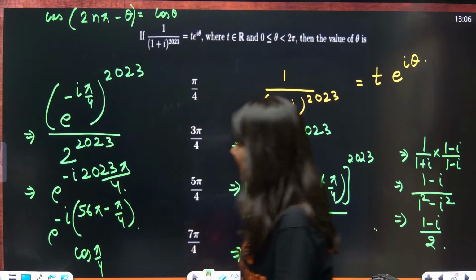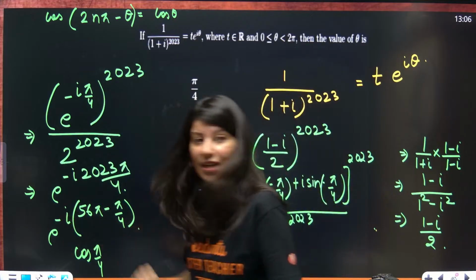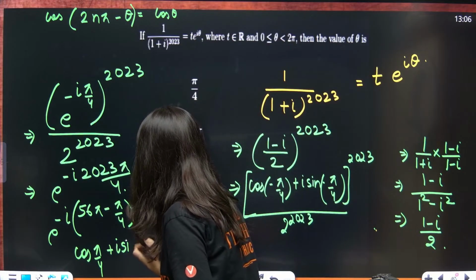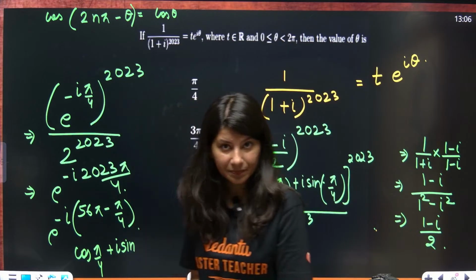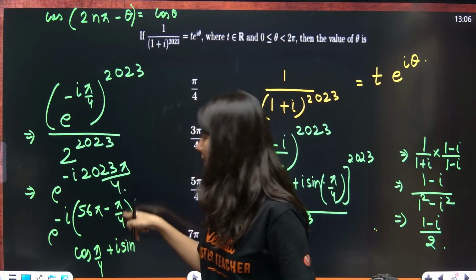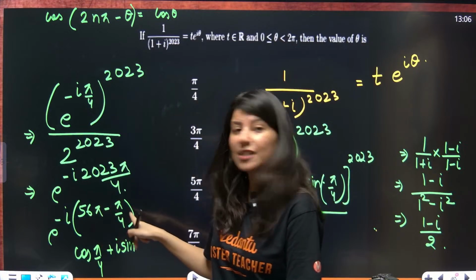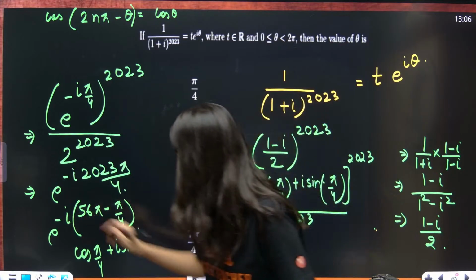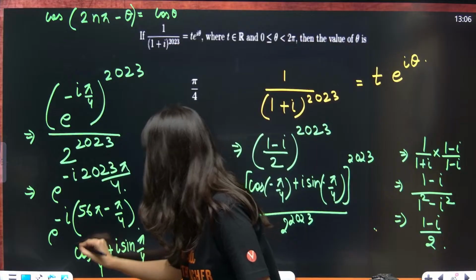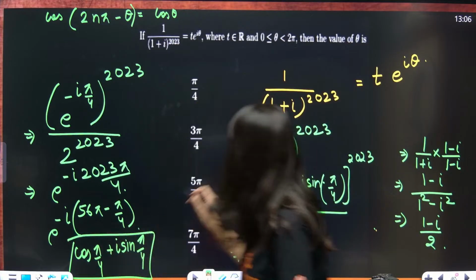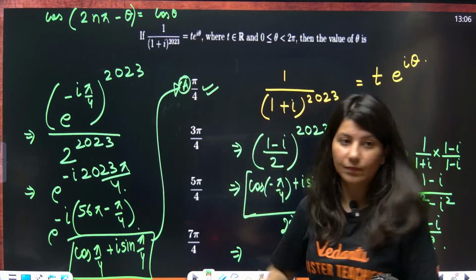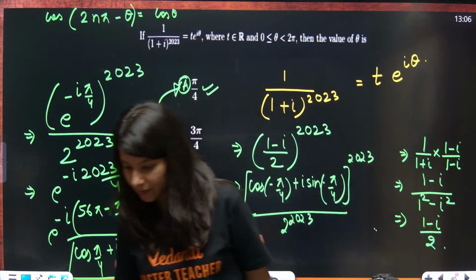And what about sine? So sine, negative sign will also be there. See, plus iota sine. Okay, now tell me. Sine of 56 pi minus pi by 4 is what? Minus sin theta. There is one more minus sign, that is pi by 4. So angle over here is just pi by 4. So it is matching with option A. Everybody? Yes?